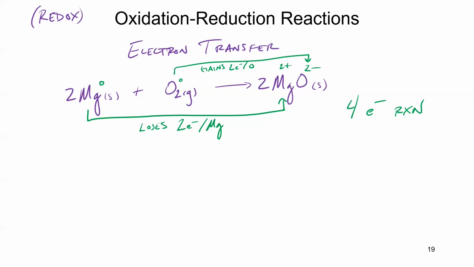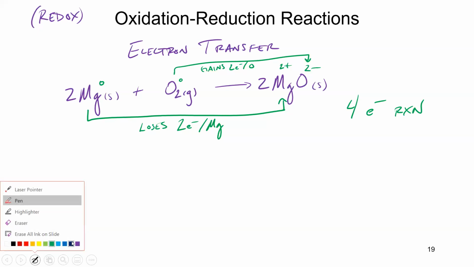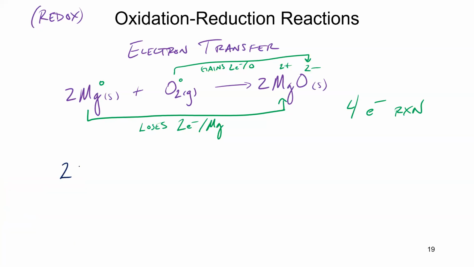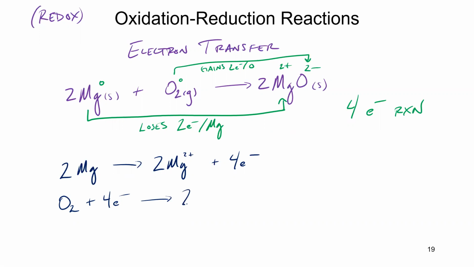Another way that we can think about this is to break it down into what they call half reactions. I don't want to go too deeply into this, but we could have 2 Mg go to 2 Mg2+ plus 4 electrons. Our charge is balanced. I've got no charge on the left. I have 4 positive charges and 4 negative charges on the right, so there's net 0 charge. O2 plus 4 electrons gives me 2 O2-.